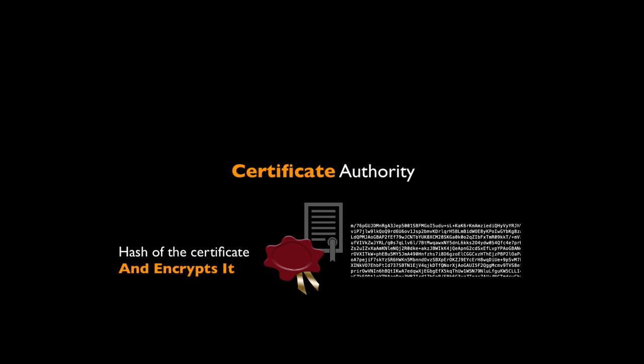Now, when a browser connects to a secure web server, it gets the certificate along with a digital signature. Think about it as two different files. It opens the digital signature using the public key of the CA. It has the public key of the CA in its certificate root directory.